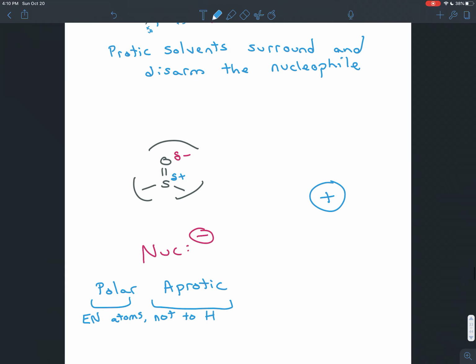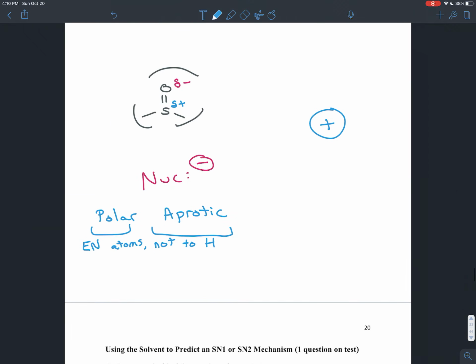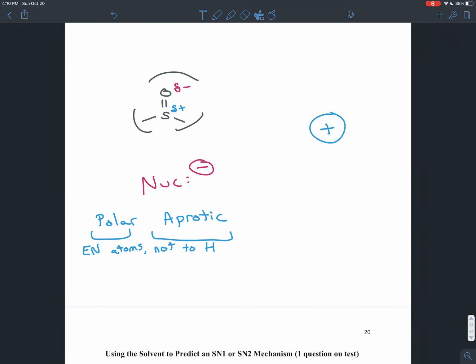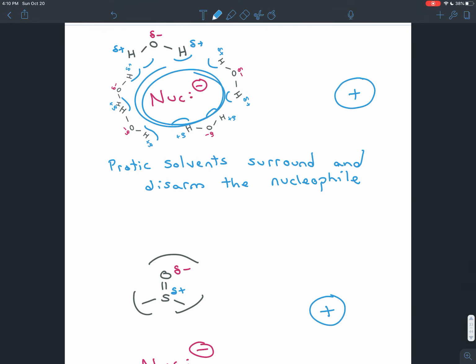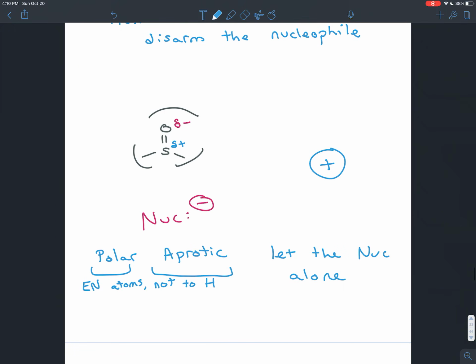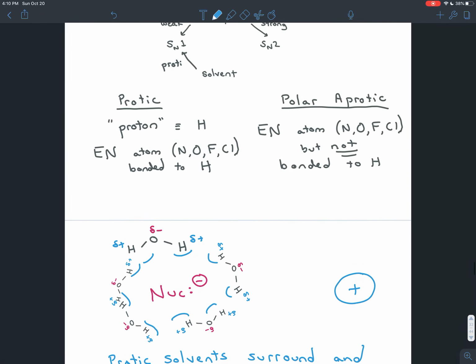It's polar aprotic. Polar aprotic solvents let the nucleophile alone. They don't surround the nucleophile. I mean, they surround it, but they don't stick to the nucleophile. They don't form these disarming shells around the nucleophile. They just let the nucleophile do its thing, pushing its way past them.